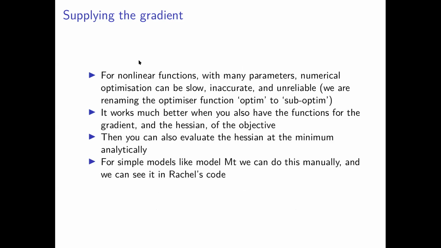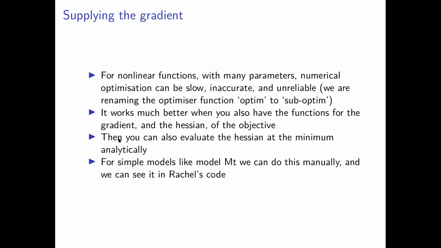For nonlinear functions with many parameters, numerical optimization can be slow, inaccurate, and unreliable. So we're renaming the optimizer function optim to suboptim. But it works much better when you also have the functions for the gradient and the Hessian with the objective.